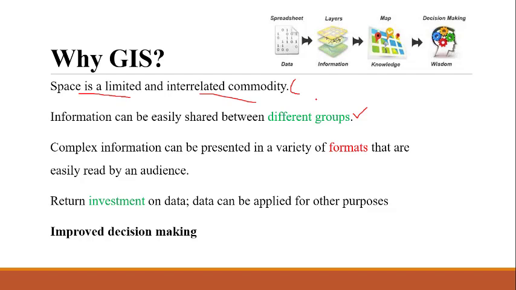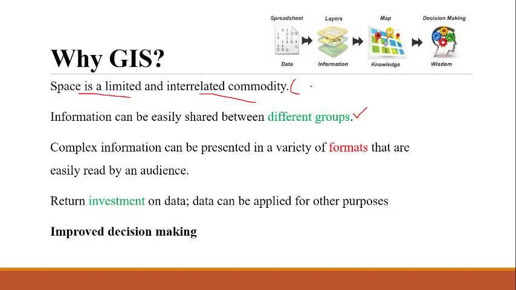For example, geological engineering has a link with hydrological engineering, and it also has a link with civil engineering. Google Maps also has a link with urban planning, and if we want to see taxis, etc., it is also related with the help of technologies. So space is limited and commodities are interrelated, therefore we use GIS.